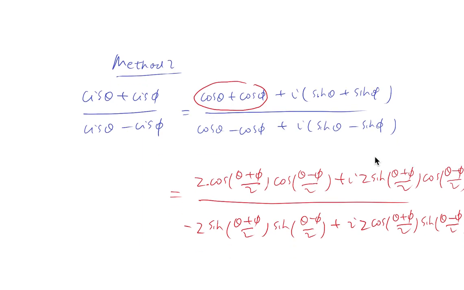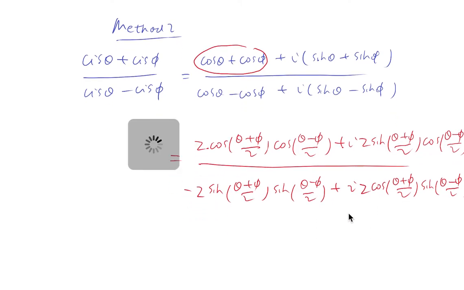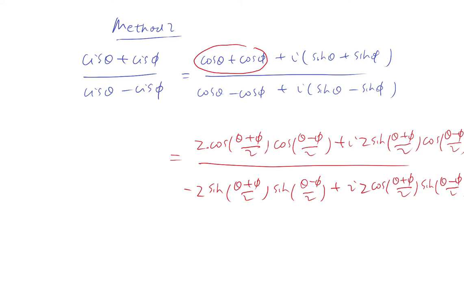Okay, if you remember all those sum to product formulas. So you can see every single term has a 2. You can just cancel out the 2's, and then we can't really do anything at this stage.